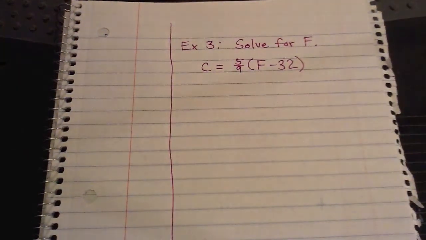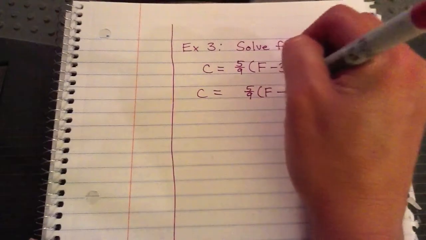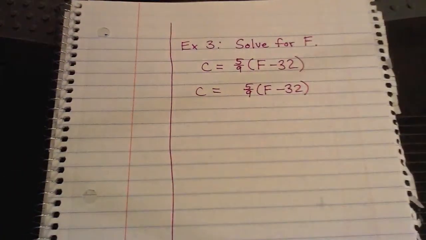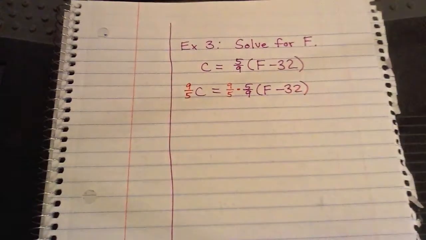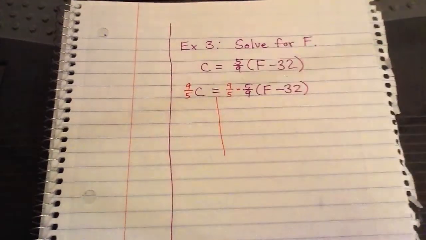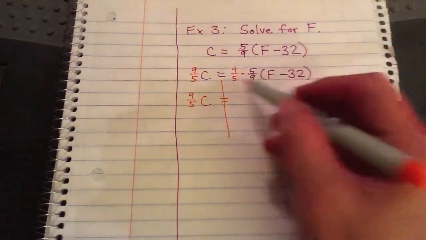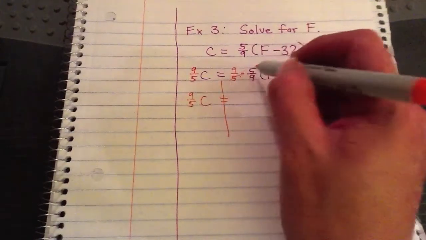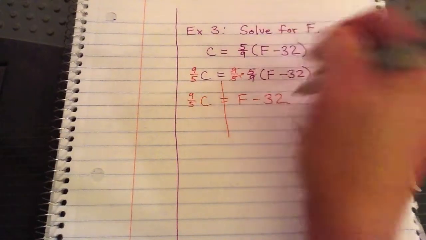So I'm actually going to end up taking this, I'm going to rewrite it. And I'm going to multiply by 9 over 5 and by 9 over 5. There's my line going down. So now I have 9/5 C equals, this just becomes a 1, 5 over 5, or 5 and 5, 9 and 9. And now I have F subtracting 32.